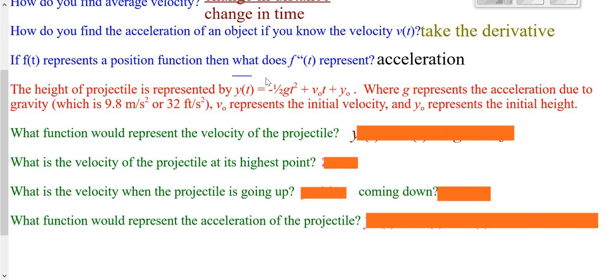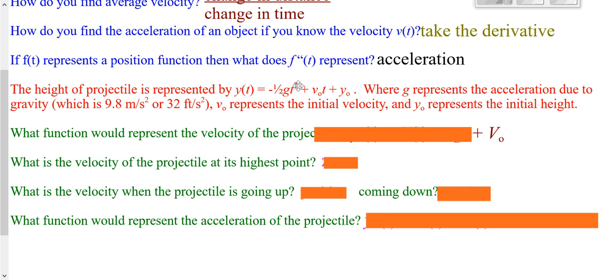So if we have this right here, which is your distance, and you were looking for velocity, you just have to do your derivative. Well, the derivative of this initial height is a constant. That would disappear, and that would just go to 0. Your derivative of t to the first times a number would just be that initial velocity.